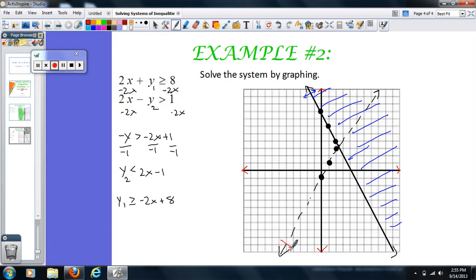So the other one, we're going to go this direction, and it's going to be less than, so we're looking at these values here. And now you can very clearly see our mixture section, which is going to be right here. And this is my shaded region, and that would give me my answer.